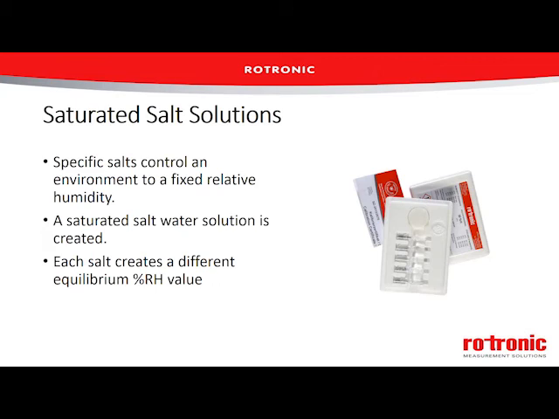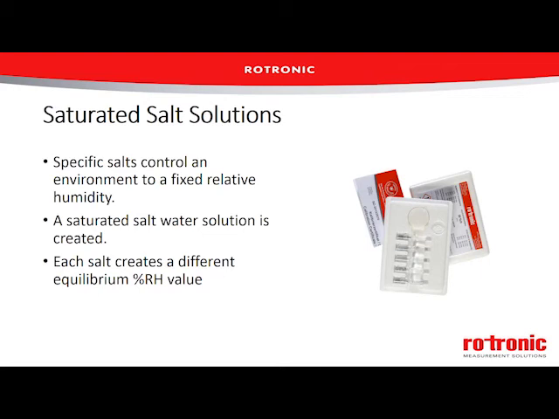Okay, thank you, Bruce. So, as Bruce mentioned, the first generation technology is probably the easiest one to use initially and can be relatively flexible for us, and that's saturated salt solutions.